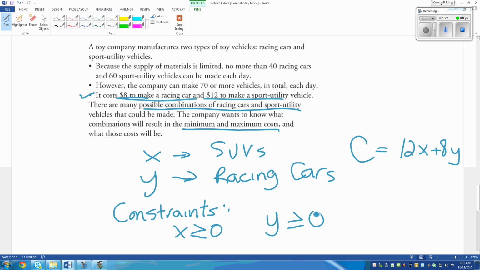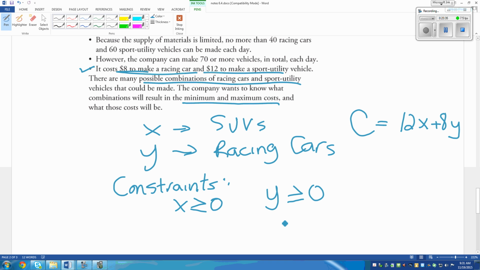Did they have any maximums? No more than 40 racing cars, no more than 60 sport utilities. So sport utilities are x, and x has to be less than or equal to 60. Racing cars have to be less than or equal to 40.